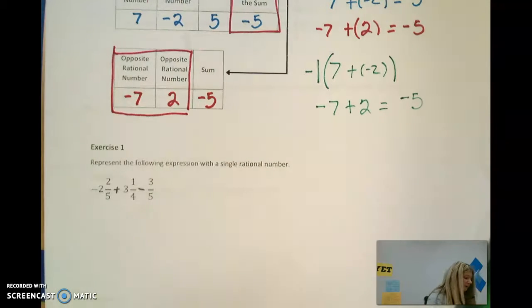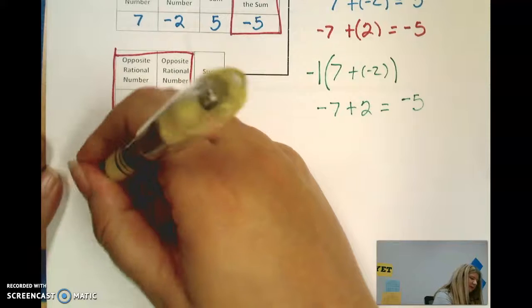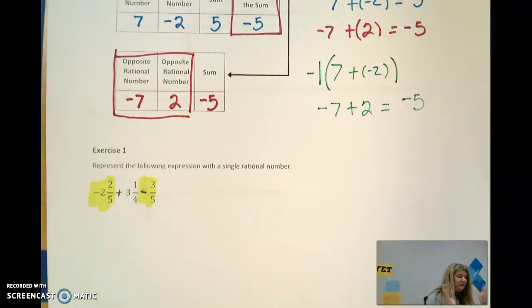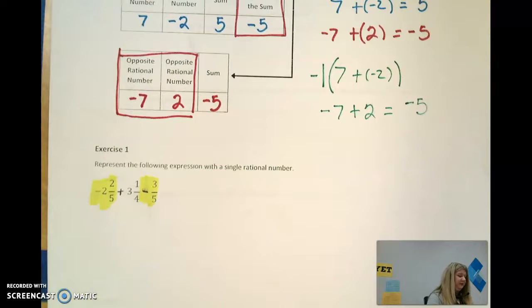Okay, when I'm looking at this, first of all, I'm feeling a little overwhelmed because there's fractions, there's positives, negatives, all this stuff's going on. So I'm asking myself, is there anything I can do to make this easier? Well, I'm thinking maybe I want to put my negatives together. And if I do that, oh my goodness, they also have a common denominator. This could make it easier. Let's try.